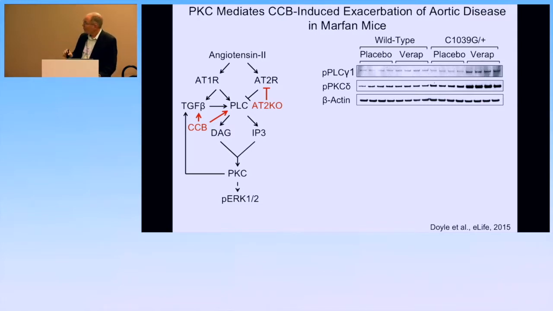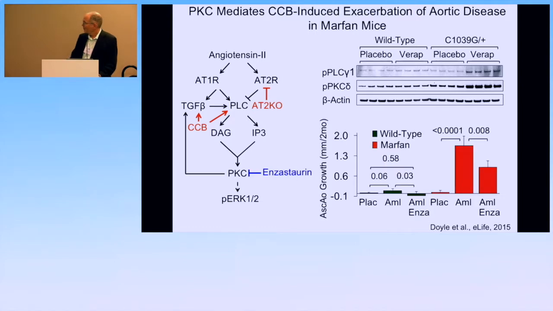If this is the right pathway, if we're interpreting this correctly, we concluded that medications such as enzastorin that block PKC activation should be protective. And indeed, we saw that there was a significant reduction in aortic growth rate in calcium channel blocker mice treated with enzastorin.